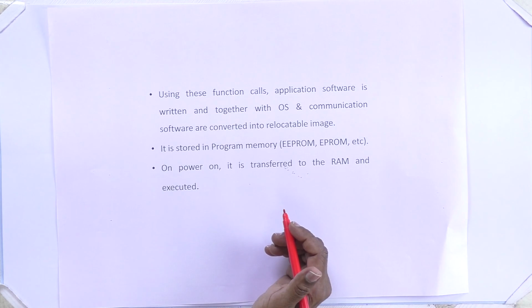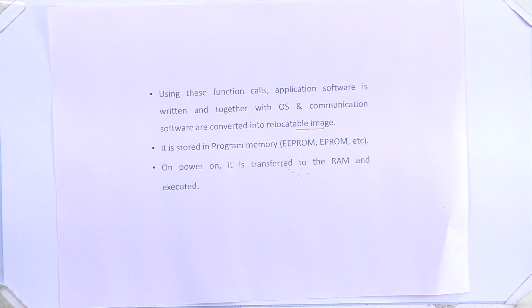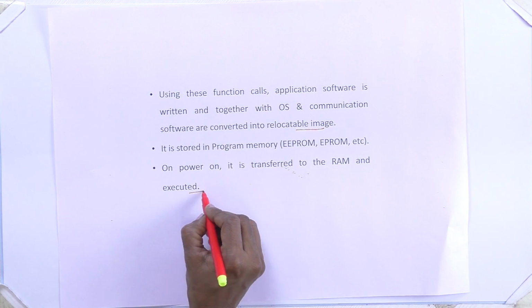Using these function calls, application software is written together with the OS and communication software and then converted to a relocatable image. It is stored in the EPROM or EEPROM, etc. On power on, it is transferred to the RAM and then executed.